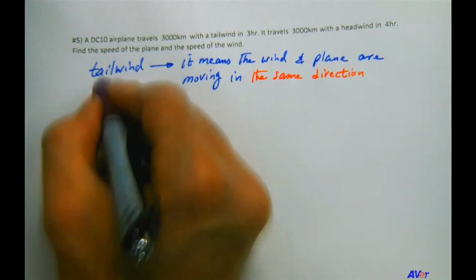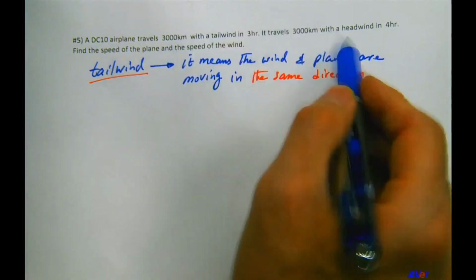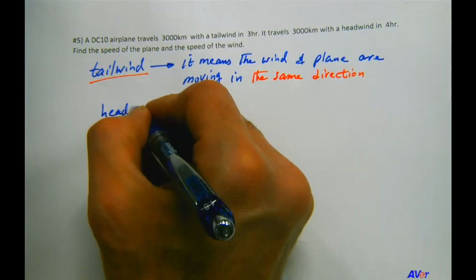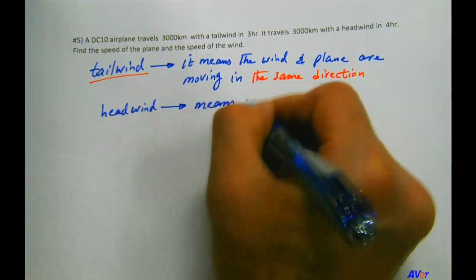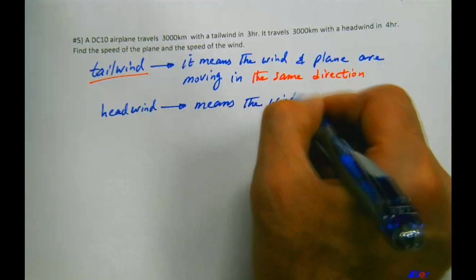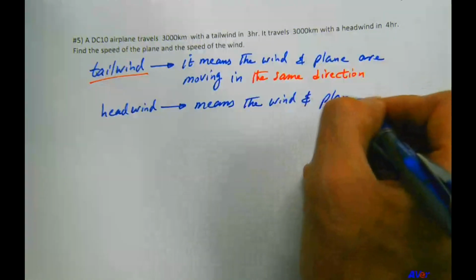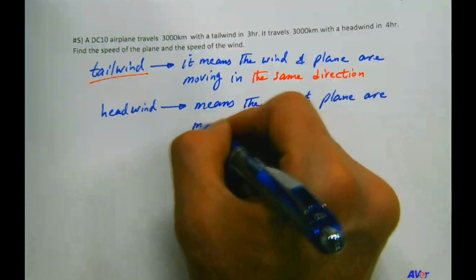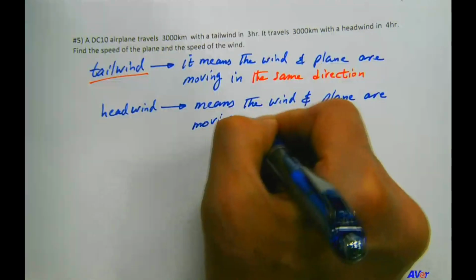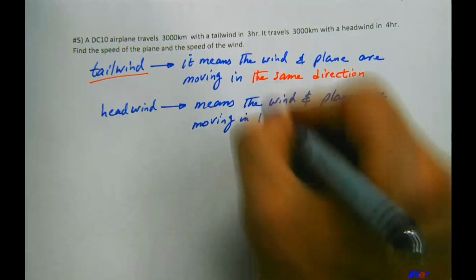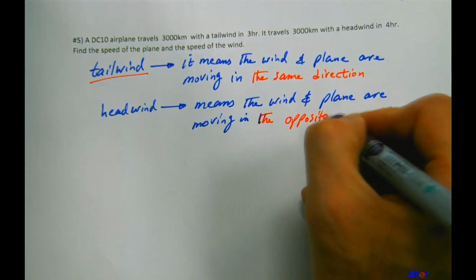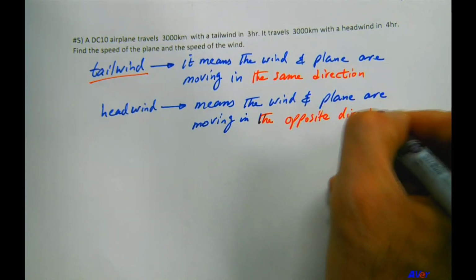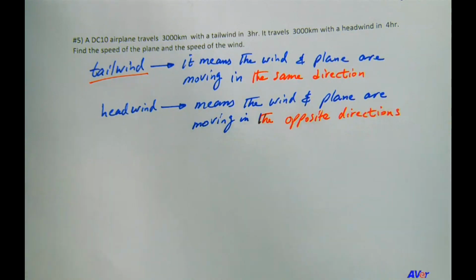Okay, that's tailwind. The headwind means the wind and plane are moving in the opposite direction. Opposite directions. Okay? That's what that means.